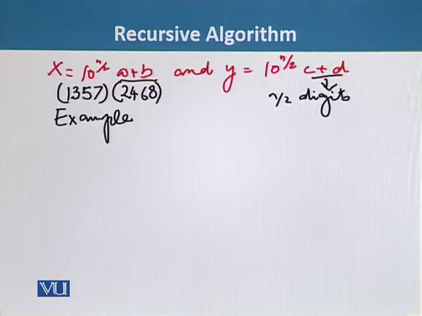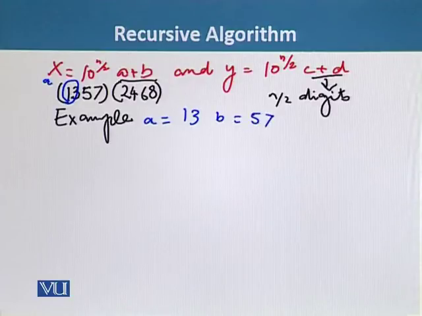For example, we also know that a is 13, because we call this a. B was 57, because we call this b. C was 24, this c, and this d is 68.